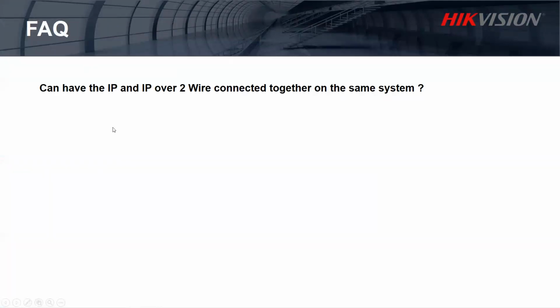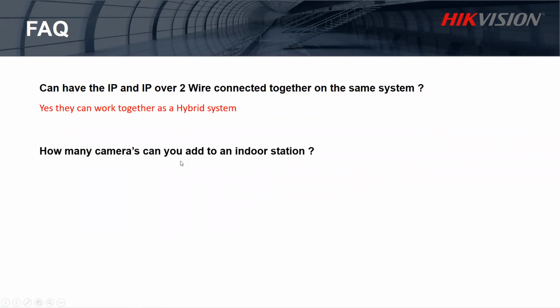All right. A couple of frequently asked questions. Can we have the IP and the IP over the two wire connected together on the same system? Yes, they can work together as a hybrid system in one system. How many cameras can you add in any indoor station?